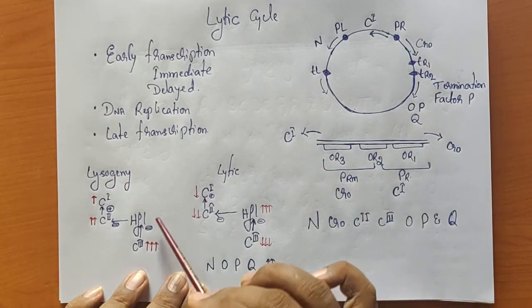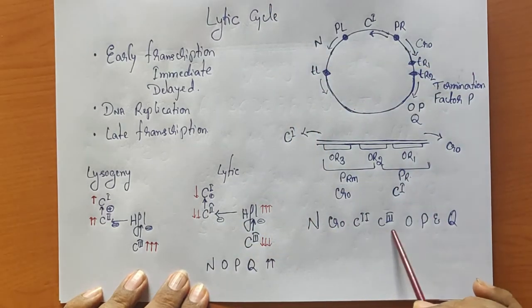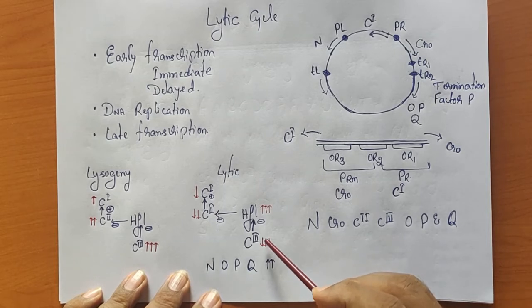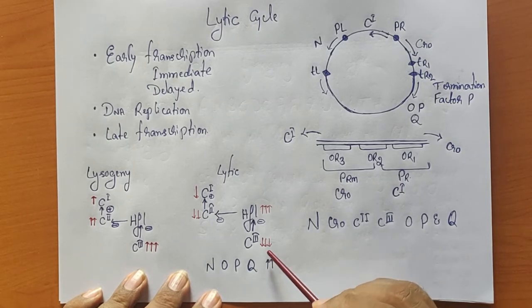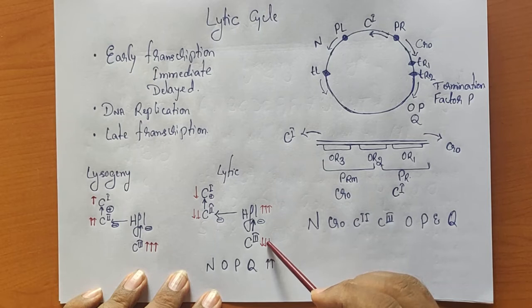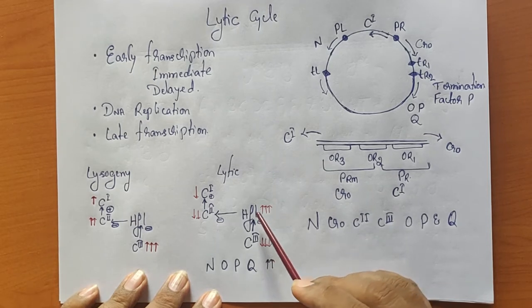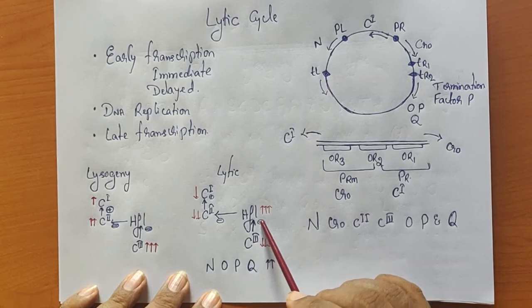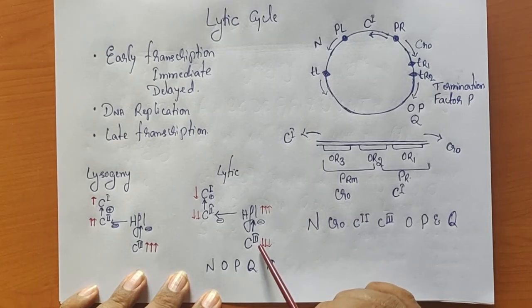Suppose you want to get into the lytic cycle, now this regulator protein, C3, has to be decreased. Okay. Once the C3 level is very low, since it is unable to inhibit HFL, the host HFL protease is very active because this inhibitor is in a very low concentration.